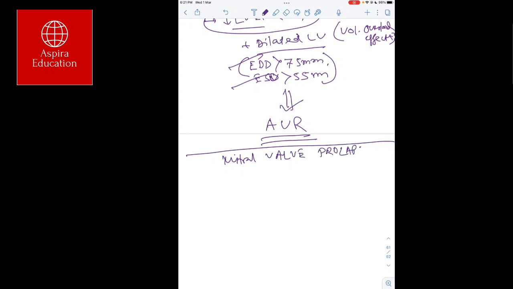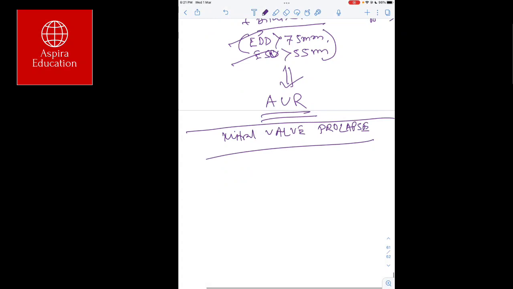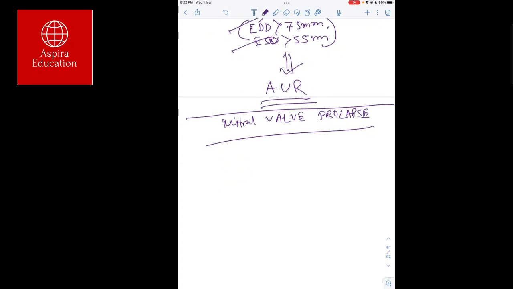So what is mitral valve prolapse? Usually the cause may not be found, but a number of wide associations are present.